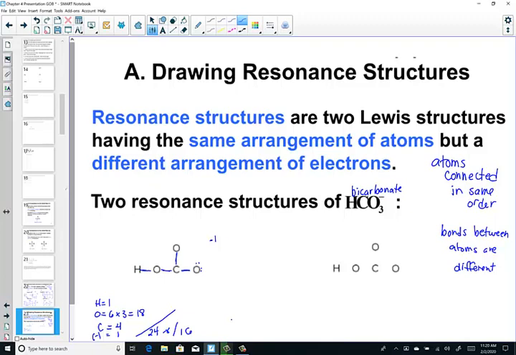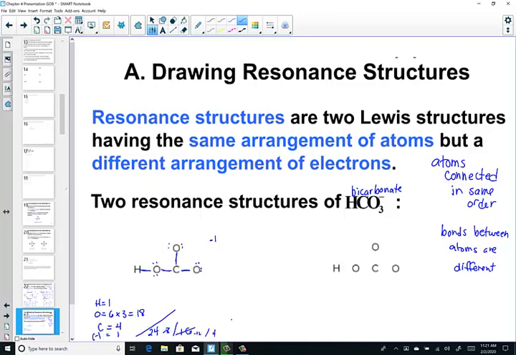All right, so we're drawing this bicarbonate polyatomic ion, HCO3-. I've placed single bonds between all the atoms and tallied up that used 8, leaving us 16 dots. I'm just going to place the 2 dot requirement around each: 1, 2, 3, 4, 5, 6, 7, 8, 9, 10, 11, 12.